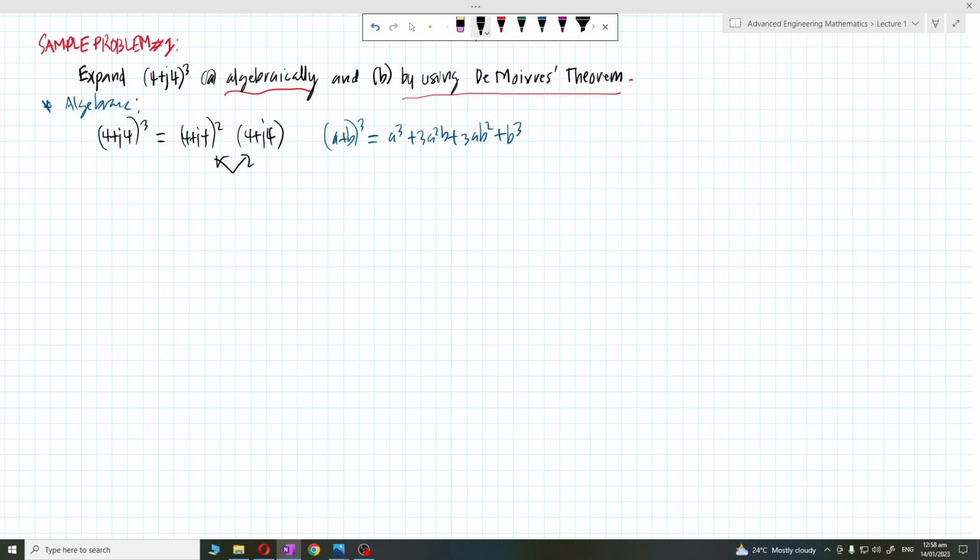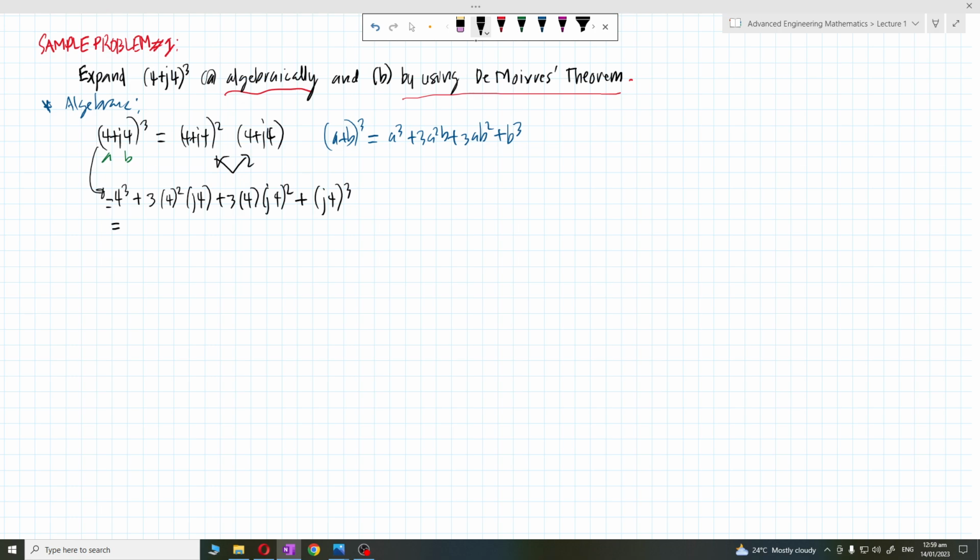So the expansion of this, if this is your a, 4, and this is your b, j4, is 4 cubed, plus 3 times the square of 4, so 4 squared, times b, that is j4, plus 3 times a, which is 4, then the square of b, which is j4, plus the cube of b, so j4 cubed. Then simplify.